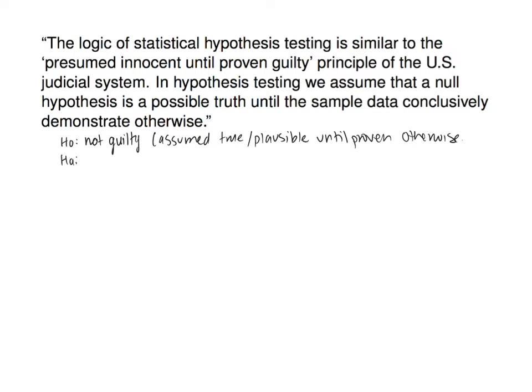And HA would be guilty. So we say something like, okay, we found this person's DNA and their footprints and their fingerprints, and oh my gosh, that means that H0 is so unlikely that they must be guilty.